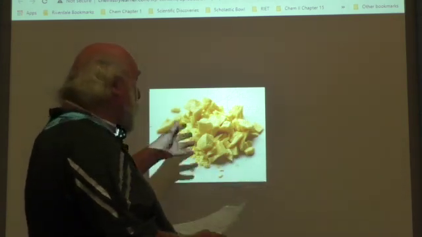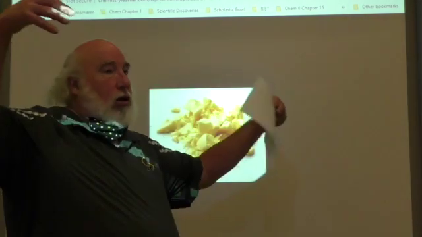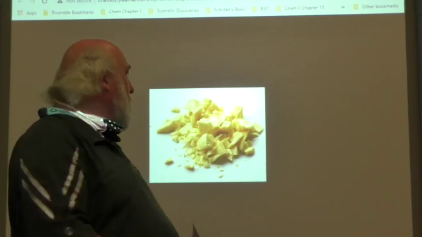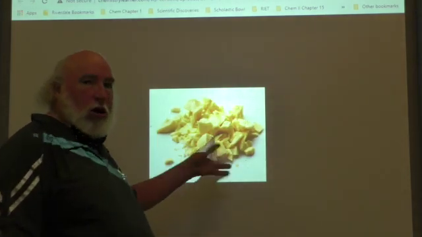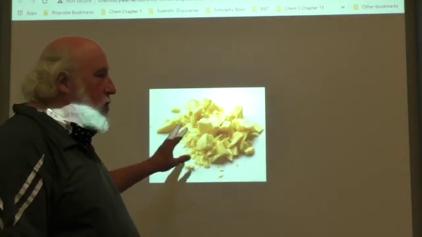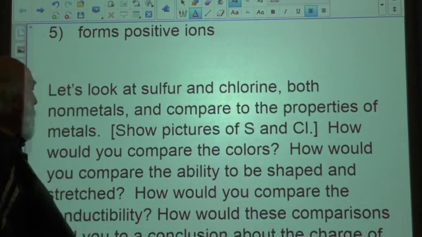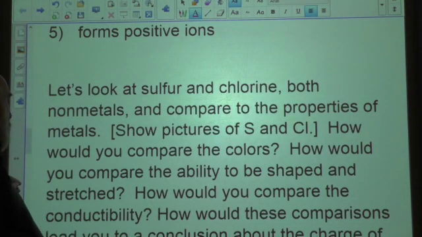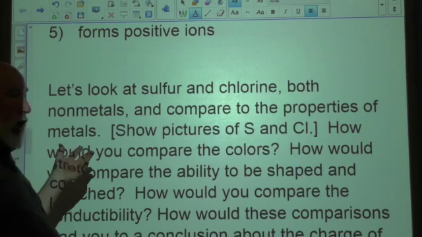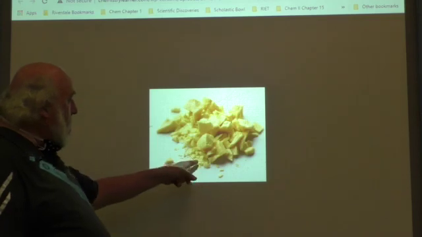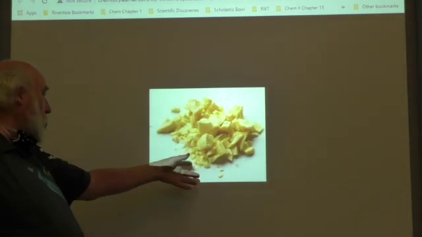And so the color is one. Instead of a flashy, spectacular color like the metals have, you have these dullish looking colors for the nonmetals. How would you compare the ability to be shaped and stretched? Well, take another look at that. It's chunks.